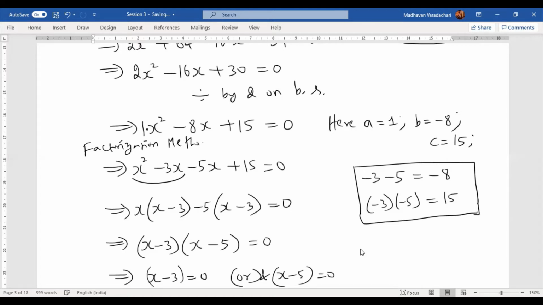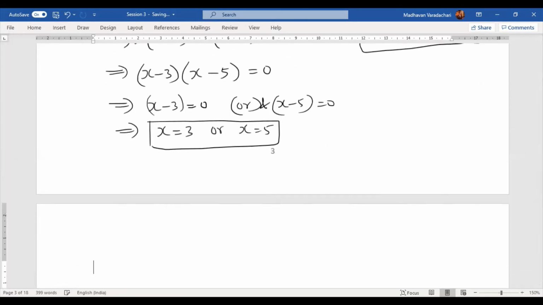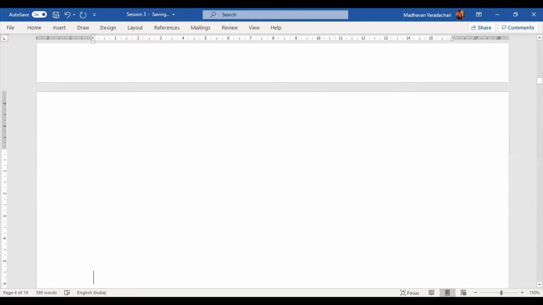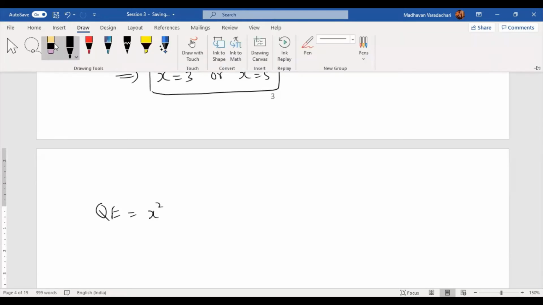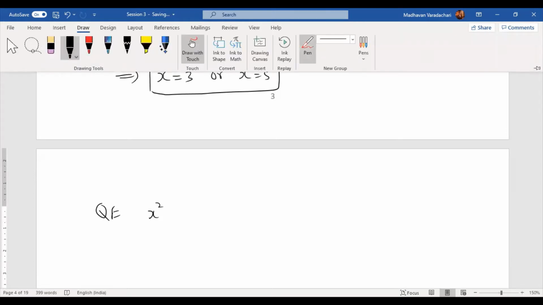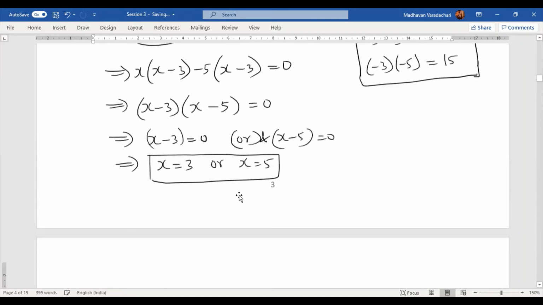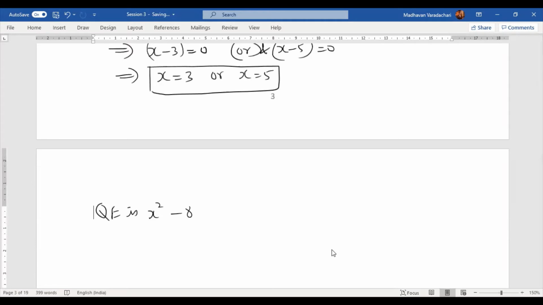Now the same problem, let us try to use the formula method and see how we can do it. Again, coming back to the equation, the quadratic equation is x square minus 8x plus 15 equal to 0.